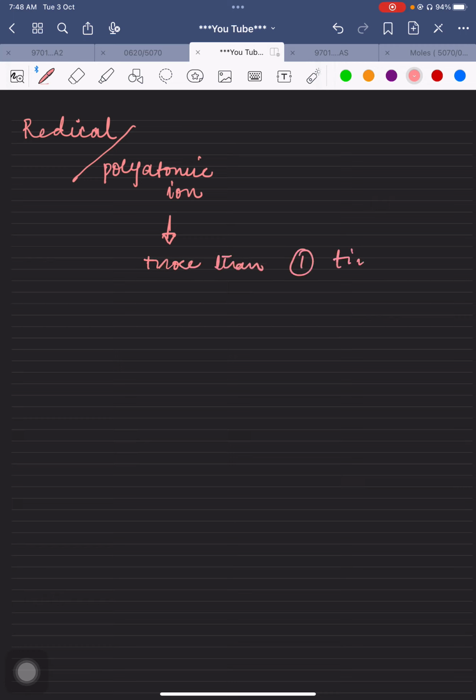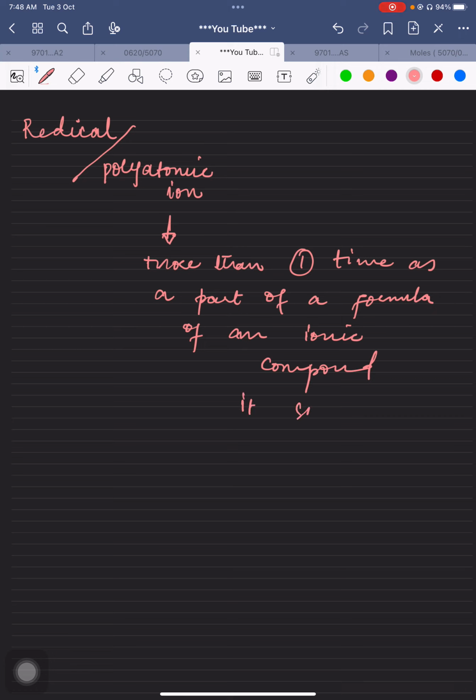If a radical, which is also called a polyatomic ion, appears more than one time as part of the formula of an ionic compound, it should be in brackets.